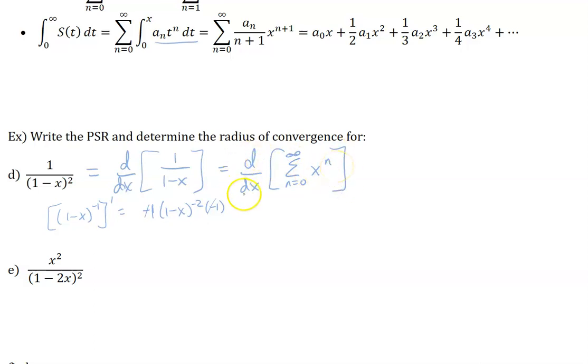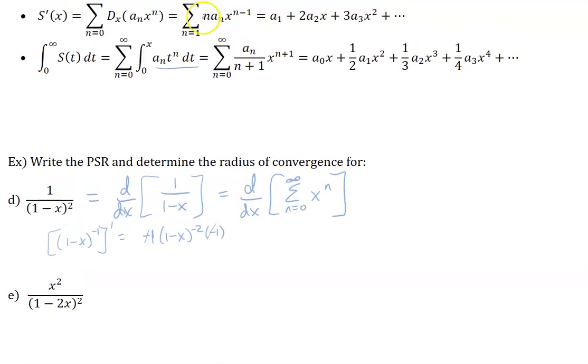And then if I want to take the derivative of this, I can use what we just talked about up here. So this is equal to the sum, I left that blank on purpose, of n times x to the n minus 1. Now, we do need to change the index here because we now have x to the n minus 1.